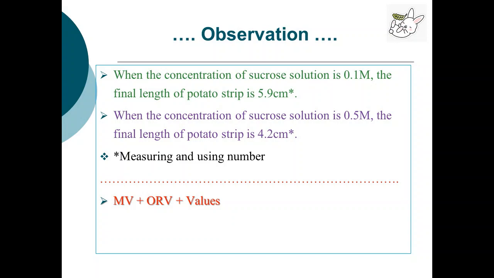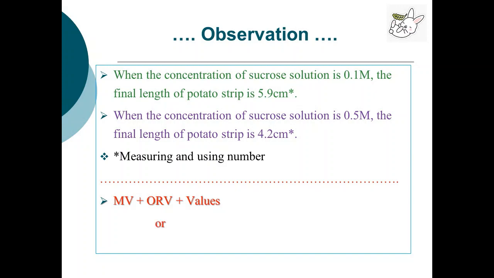In the example shown above, the concentration of sucrose solution is the MV, and the final length of the potato strip is the RV. And we include the values, which are 0.1 M and 5.9 cm. With this, our observation is a complete observation.